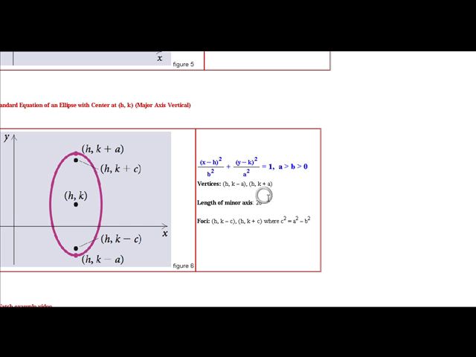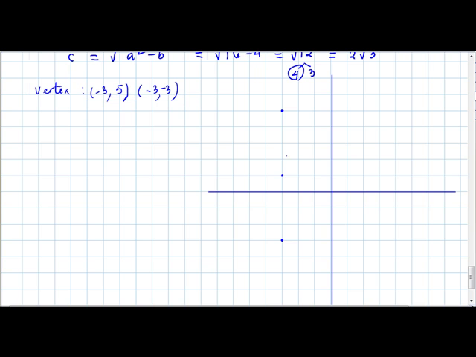I can add and subtract a to the k value because I have a vertical ellipse, or just do my way. I know my center here. I know that the major axis is along the y-axis, I mean, I go this way. It's a vertical ellipse. So I go 4 units up and then 4 units down. I have 2 points as my vertex.